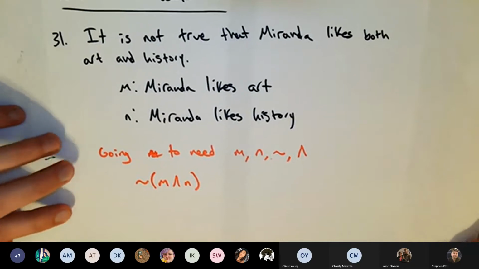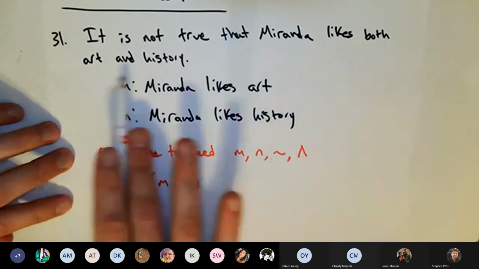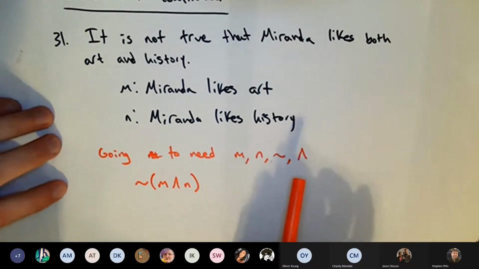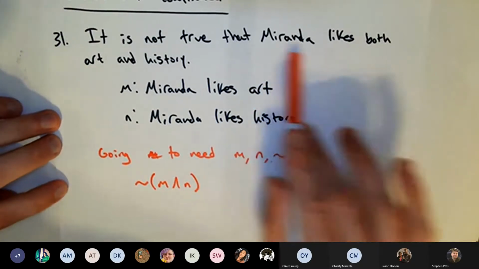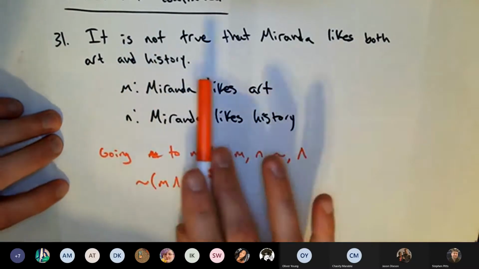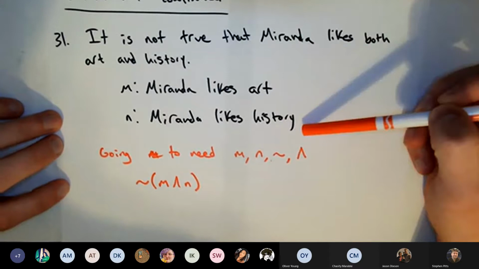So the point is, when you have something like this where the entire compound statement is being negated, you need to wrap it in parentheses. And by the way, a little note here: just because this statement doesn't say Miranda likes art and Miranda likes history, it's still the statements M and N, right?